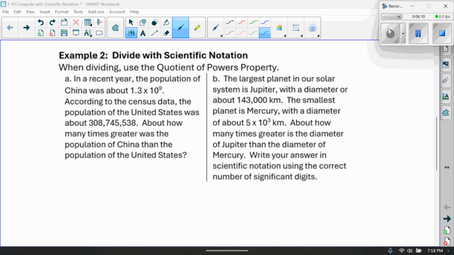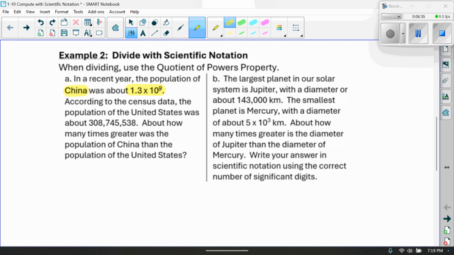All right, so for example 2, we want to divide with scientific notation. And again, when we are dividing powers, we subtract our exponents. All right, example 2a says, in a recent year, the population of China was about 1.3 times 10 to the 9th power.